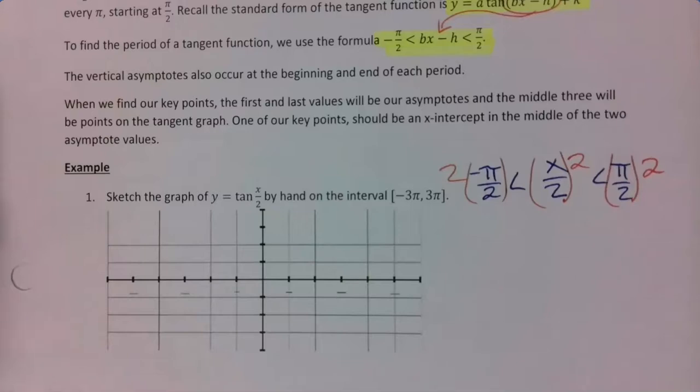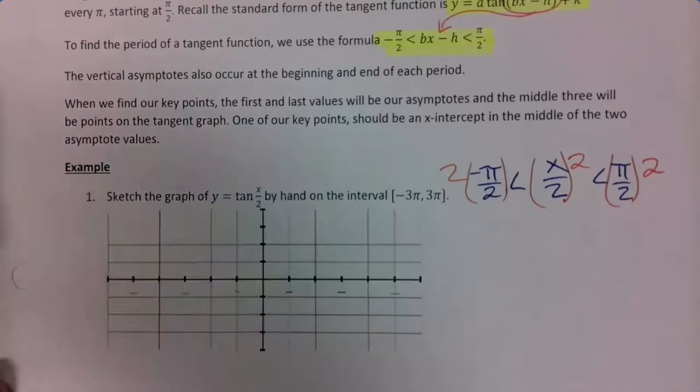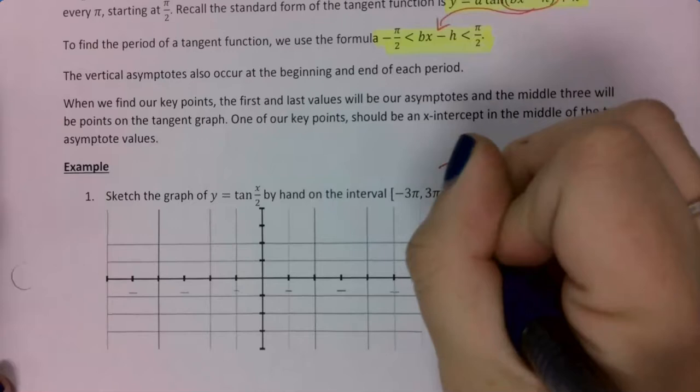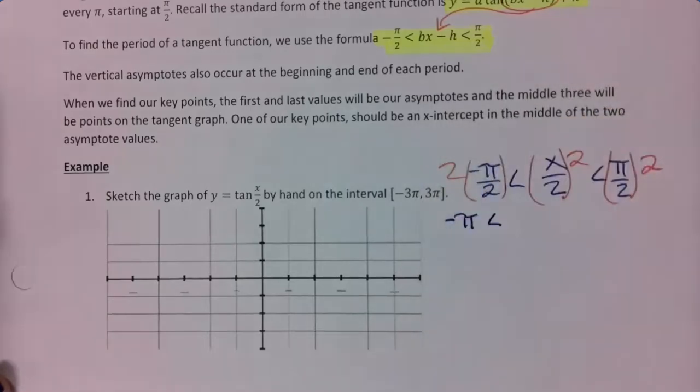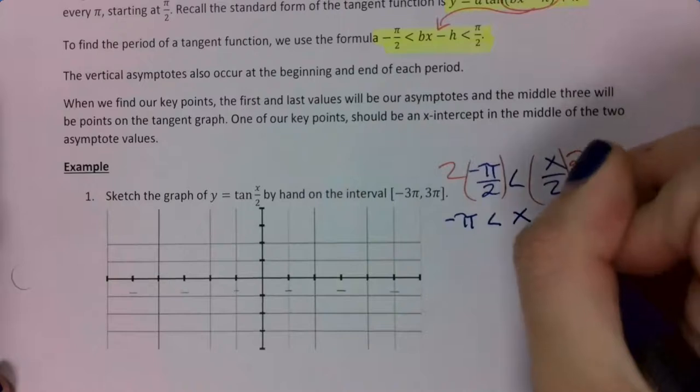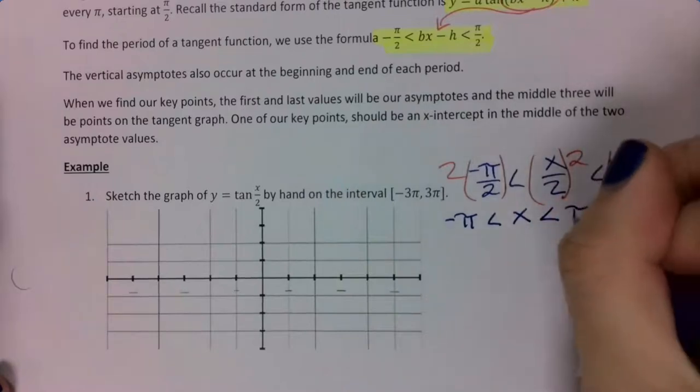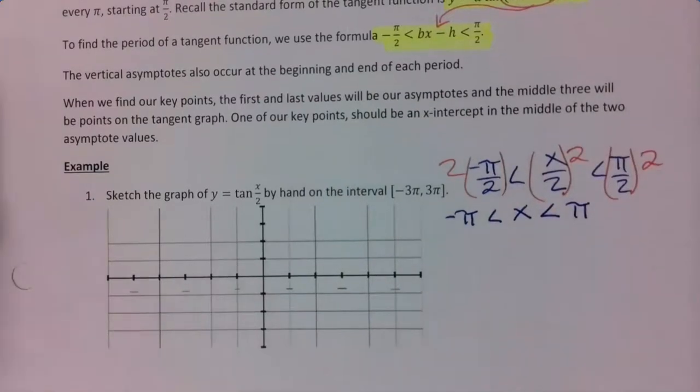Okay. So then that is going to give me negative pi, because the 2's cancel out. In the middle, the 2's cancel out again, and I just get x. And then at the end, I get pi.